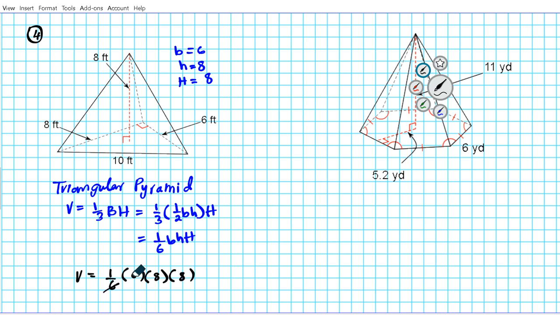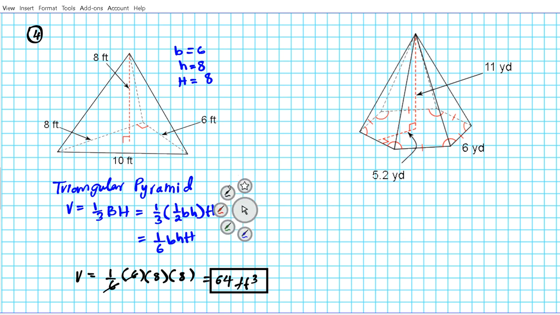We can cross reduce, cancel, cancel, and then this is going to be 64. We're multiplying 3 lengths. The dimension of volume is length cubed, so it's feet cubed for question number 4.